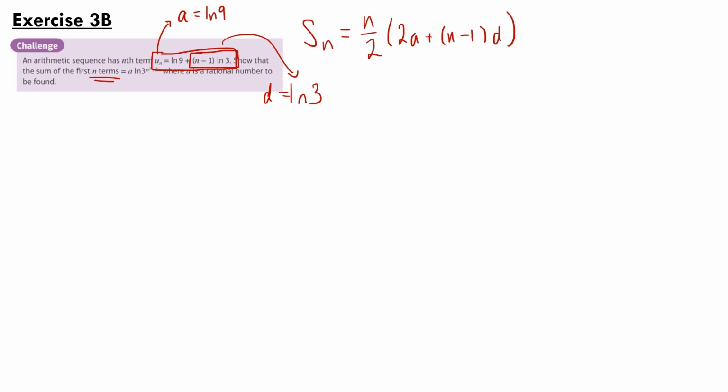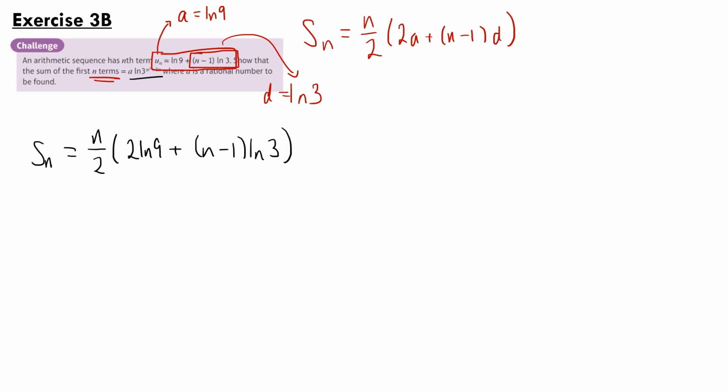Okay, so using this formula for the sum of the first n terms, we're going to get n over 2, lots of 2 times a, so 2 ln 9, plus n minus 1, lots of the difference, which is ln 3. And now to simplify into this form that they require, we're going to have to do some work with some logarithms.